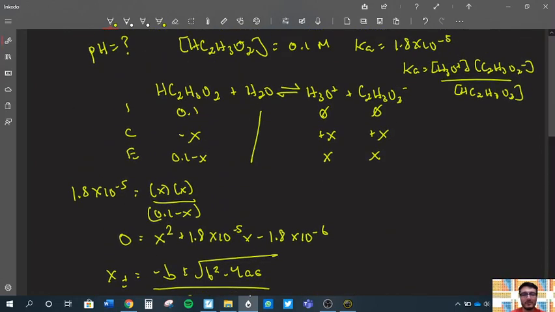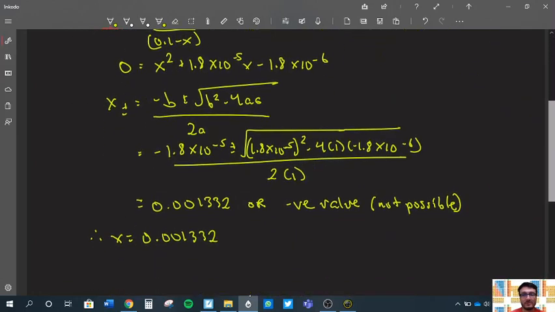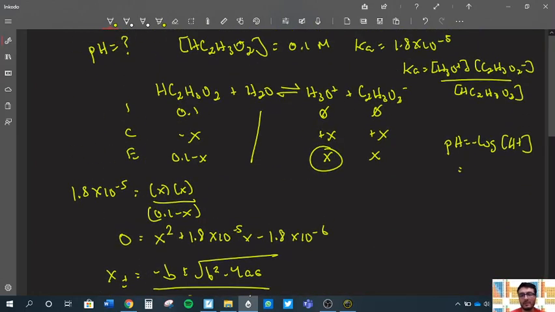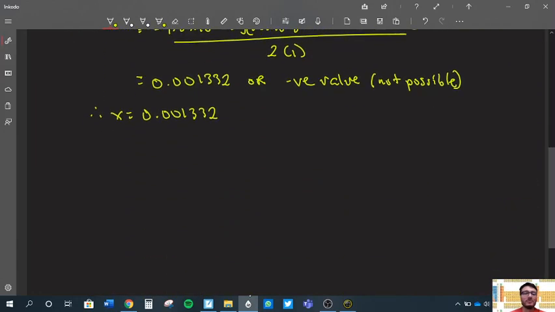Now, if you recall, it's asking us what the pH is. Well, to figure out pH, we need a negative log of the concentration of hydrogen ions. Hydrogen ions are the same as hydronium. If we know what x is, we have enough information to figure out what pH is.